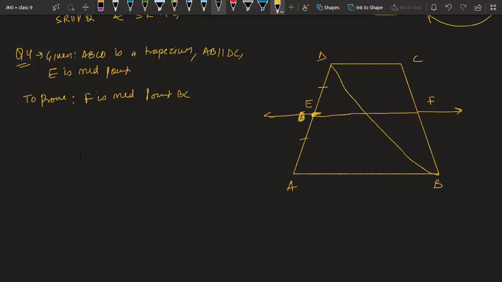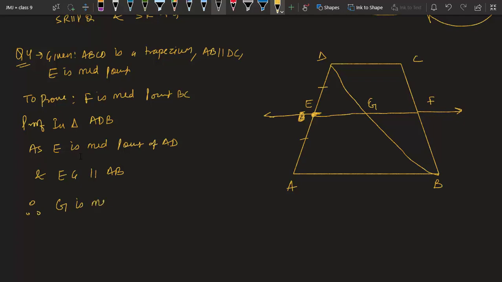Let me call it point number G. Now, in this triangle ADB, proof, in triangle ADB, we can say by converse, first, let me write as E is midpoint of AD and EG is parallel to AB, therefore we can say G is midpoint of DB.